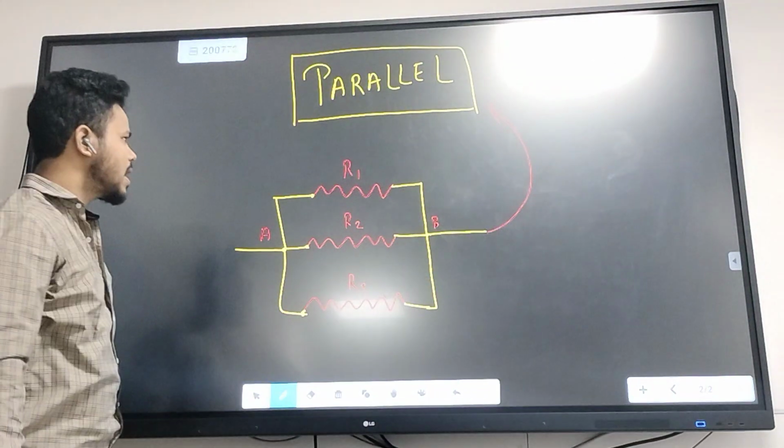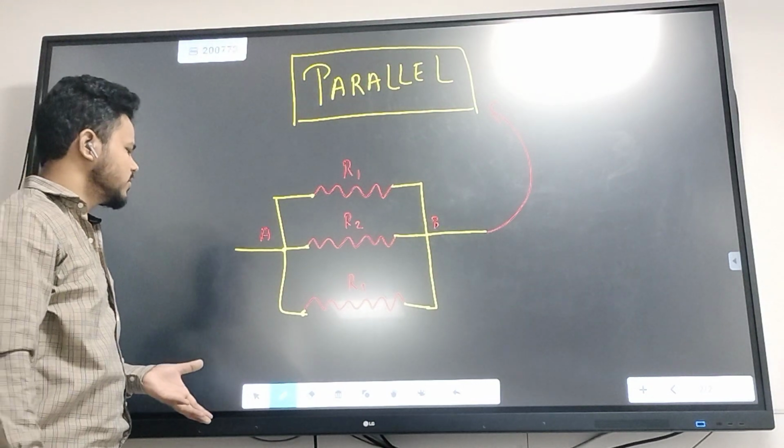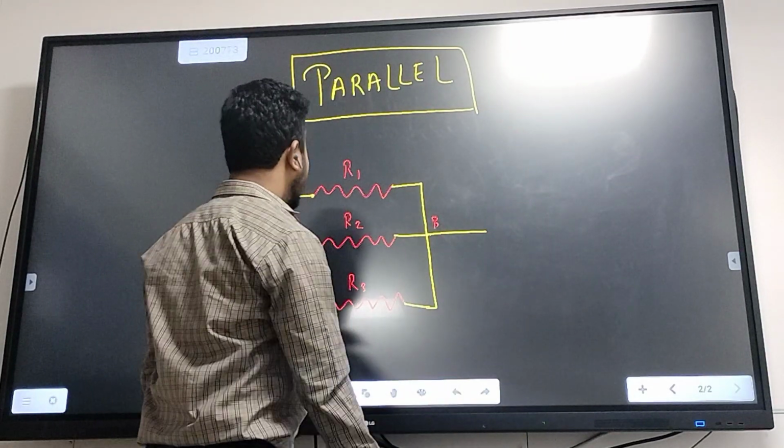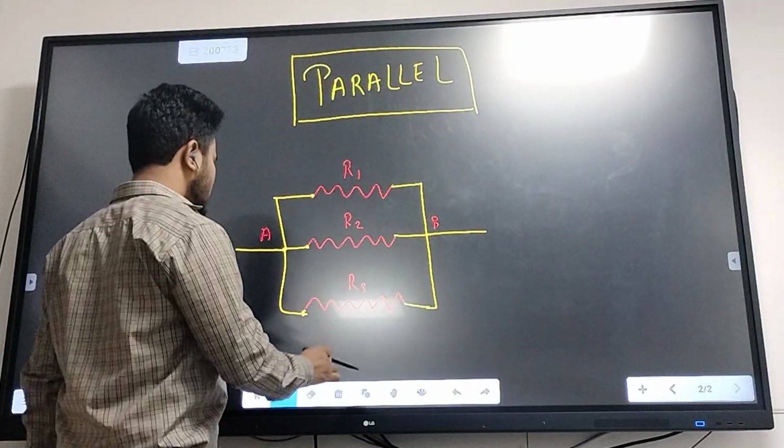All right, so how do we actually calculate the equivalent resistance in case of parallel combinations? Let's close the circuit in order to let the current flow.